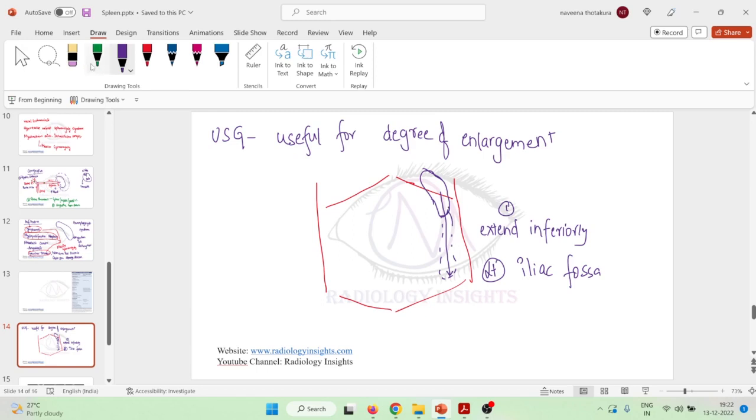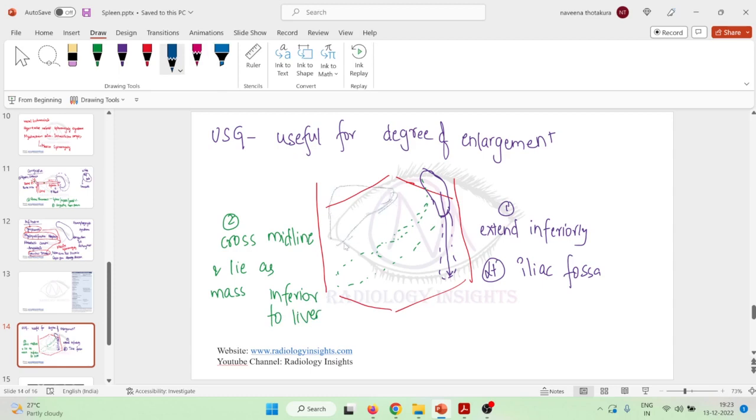Or number two, it can extend obliquely, crossing the midline, and lie as a mass below the liver, inferior to the left lobe of the liver, or it can go even further, into the right iliac fossa.